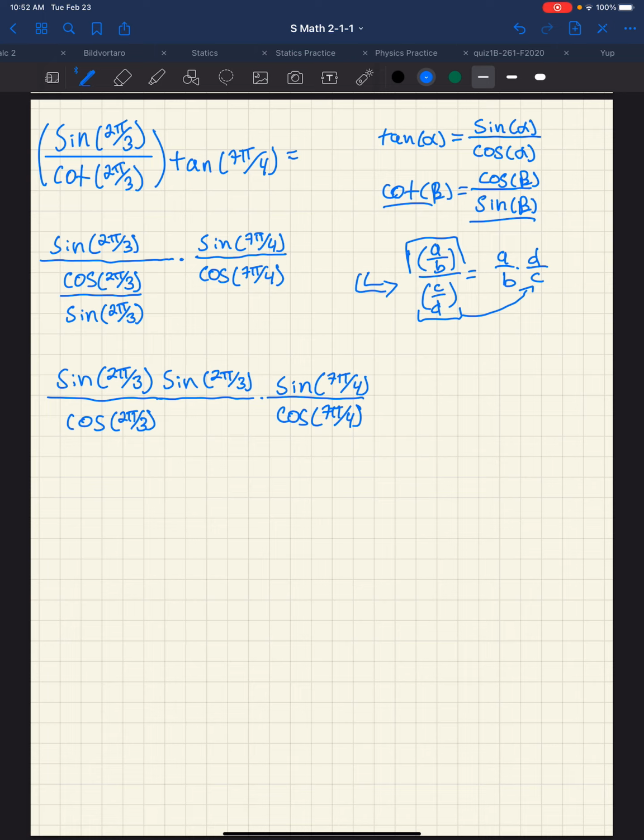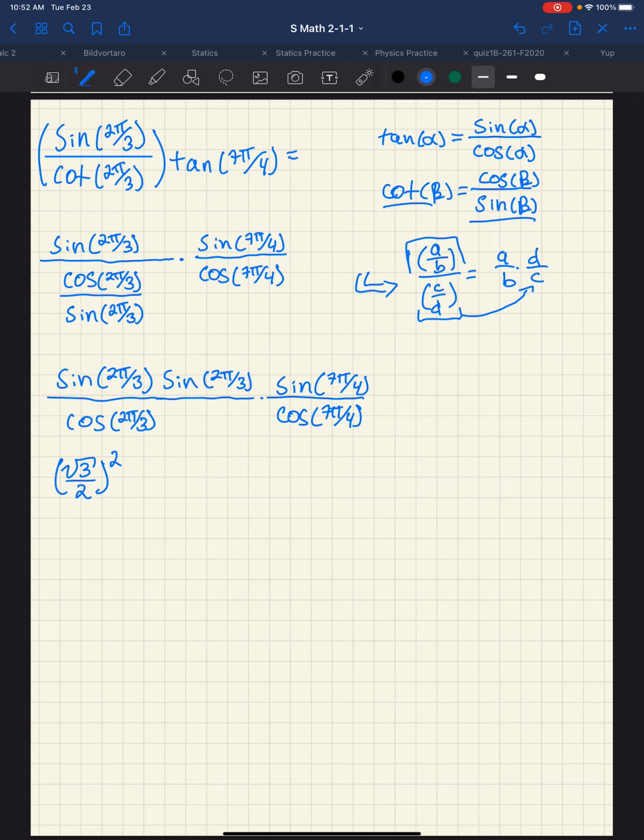So, sine of 2 pi over 3, looking at the unit circle, that's root 3 over 2. Okay. Now, we also have another sine of 2 pi over 3. Well, we know sine of 2 pi over 3 is root 3 over 2. So I can do one of two things. I can write times root 3 over 2, or I can just square this. Right?